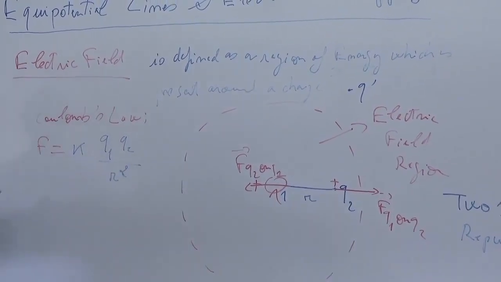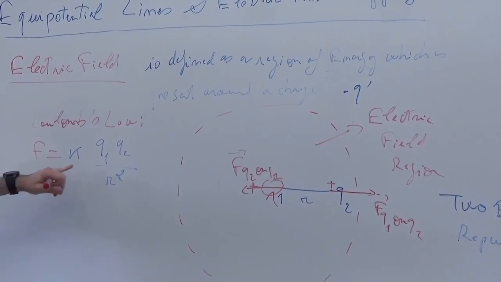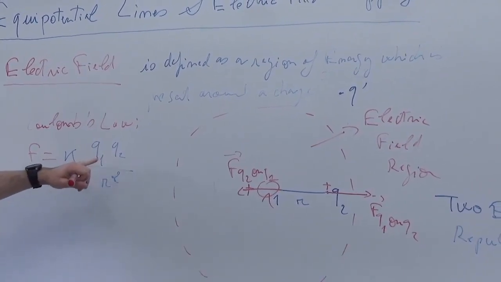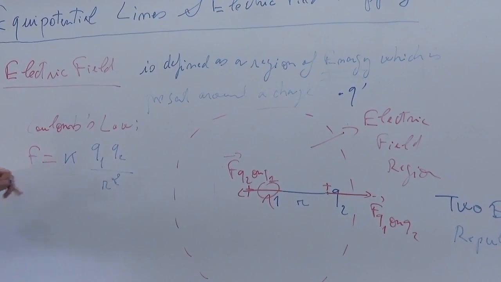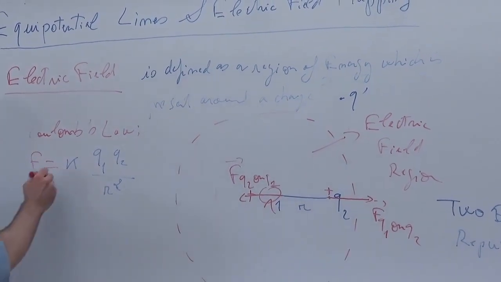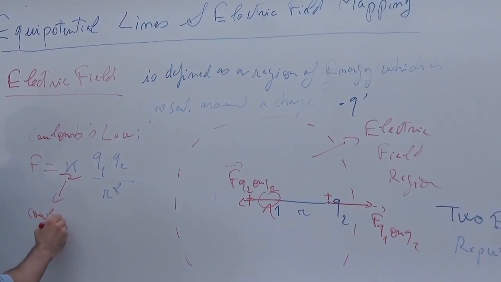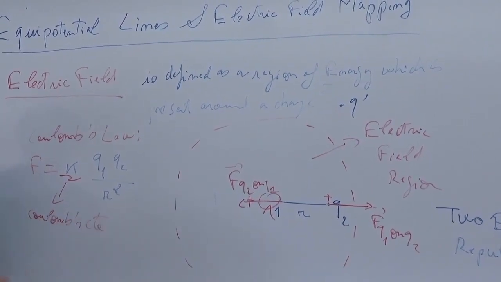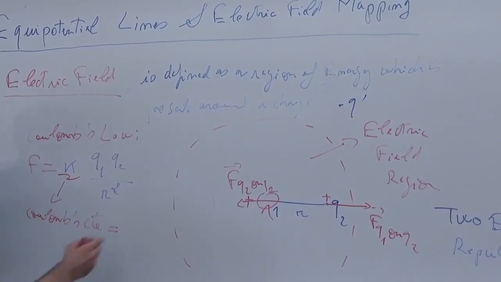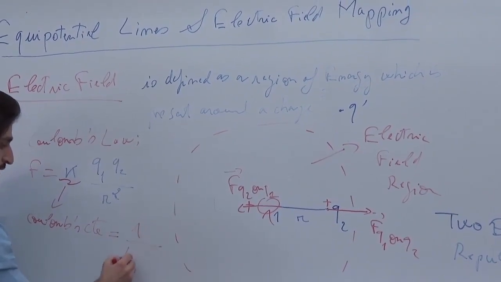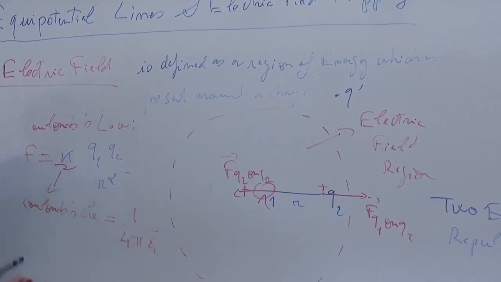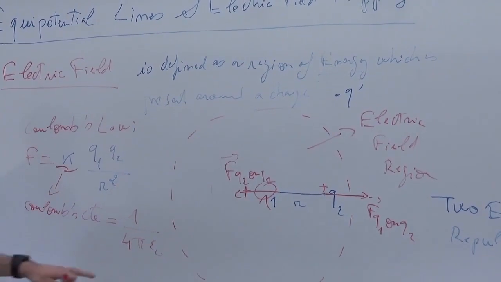So as we can see over here, the electric force is directly proportional to the product of these two charges, and it's also proportional to K. And K in that case is labeled to be Coulomb's constant, which is equal to 1 over 4 pi epsilon 0. So what would be the epsilon 0 in that case?